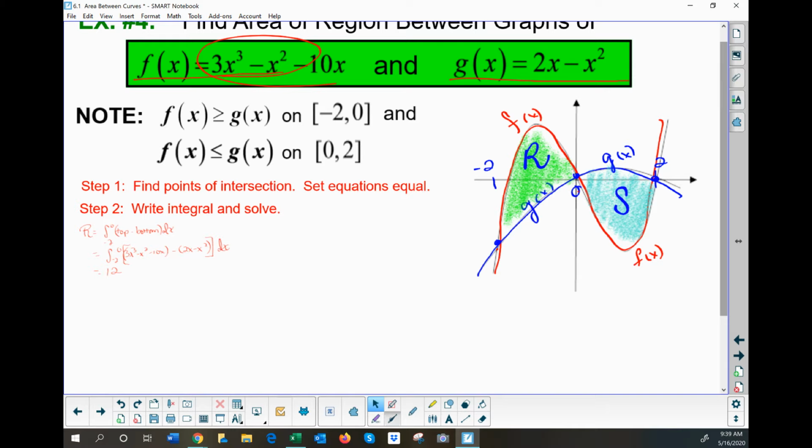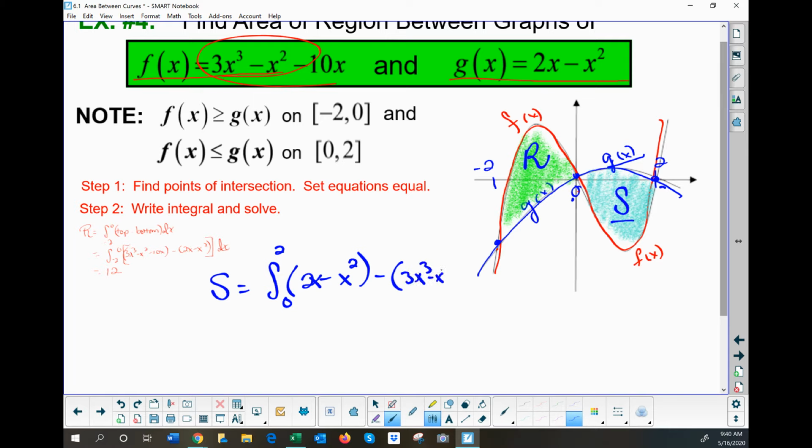Let's go after region S. Let's use blue ink since we wrote it in blue for S over here. S is equal to the integral from left bound to right bound, 0 to 2. Top function was g of x in this case, so I want to put g of x, 2x minus x squared, take away the bottom function, our red one, the cubic function.